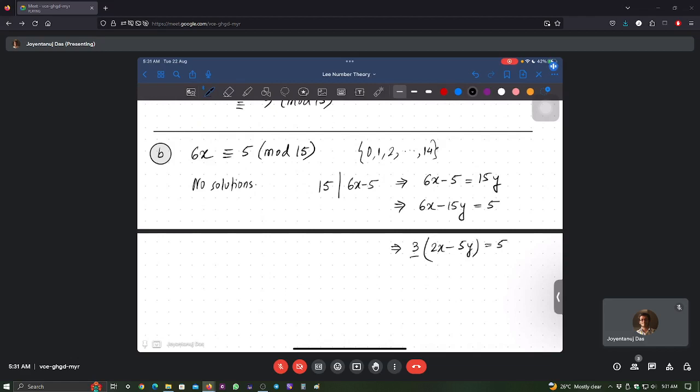But 3 does not divide 5, because 3 is prime and these are integers. So this equation has no solution.